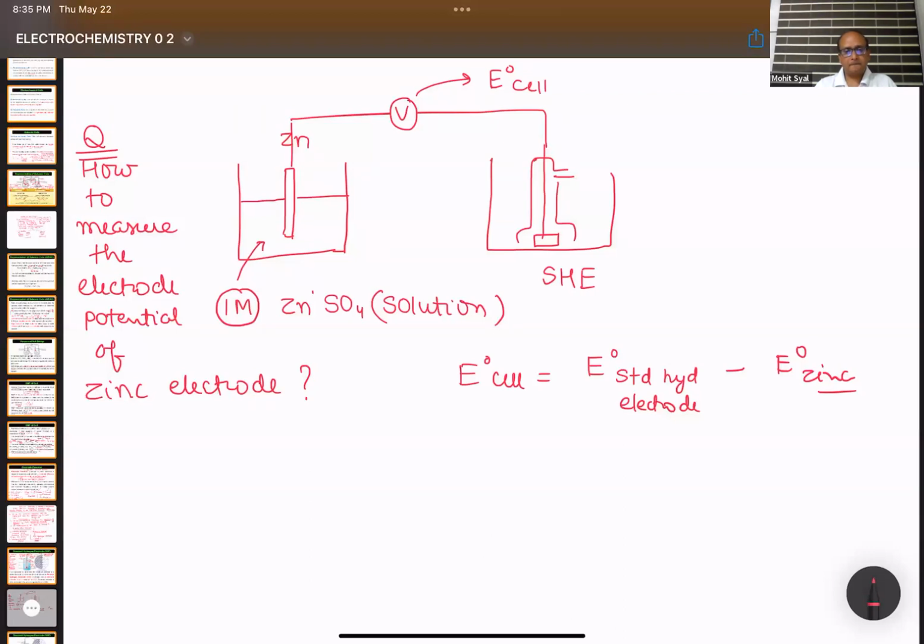Is it clear? And this value is assumed. What is the value of this? This is assumed to be 0. Got it? And this reading is 0.76 volt.